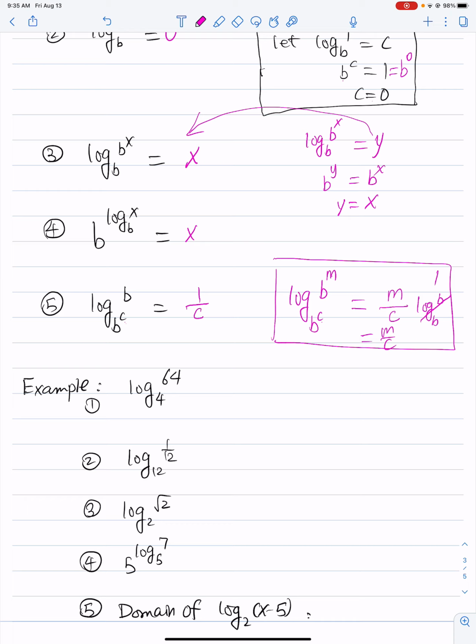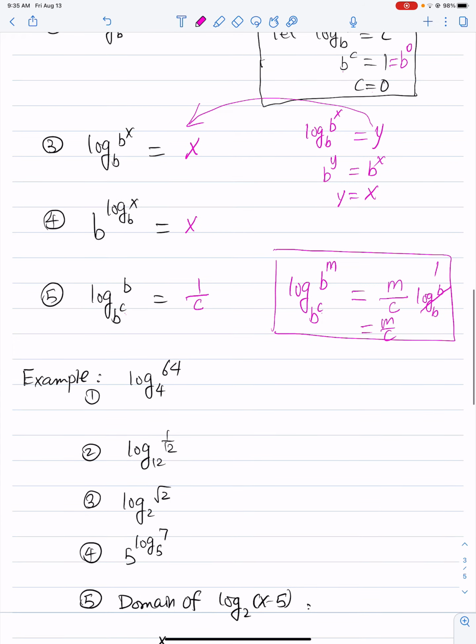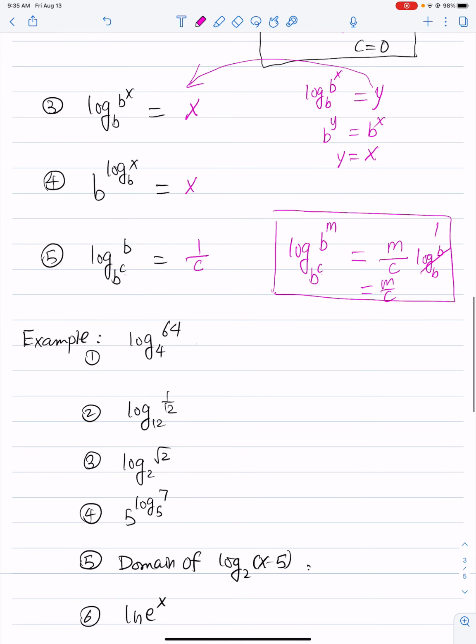Okay, so this is this one. And then we wanted to use these rules, these properties, to solve the following examples. log_4 64. What do you want? We wanted the 64 to be the same base as the bottom, with 4. 64 happens to be 4 cubed.